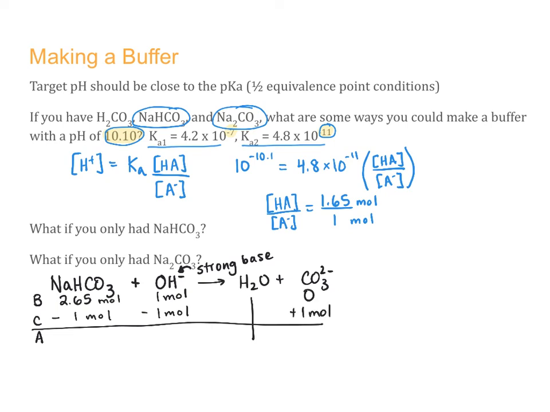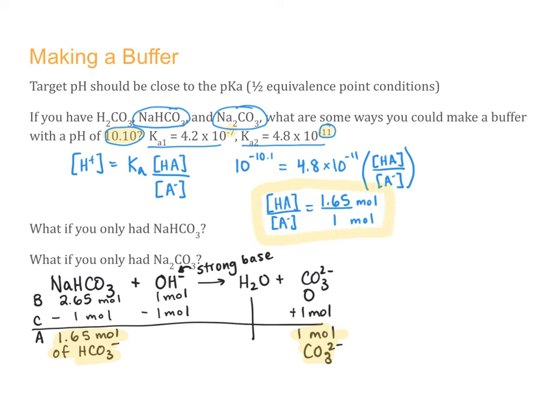After the base has been neutralized by the sodium hydrogen carbonate, we will have 1.65 moles of HCO3 minus, and we'll have 1 mole of CO3 2 minus. And notice that that matches the ratio that we said we needed earlier.